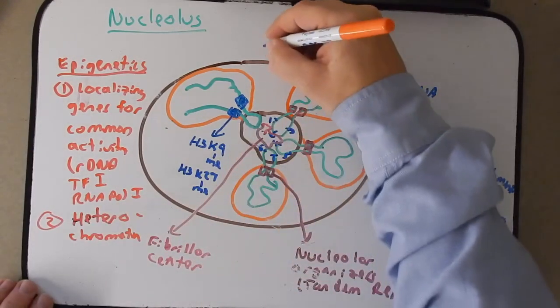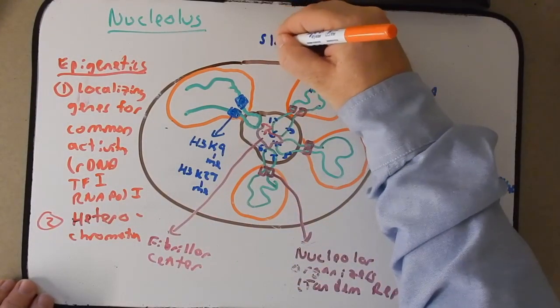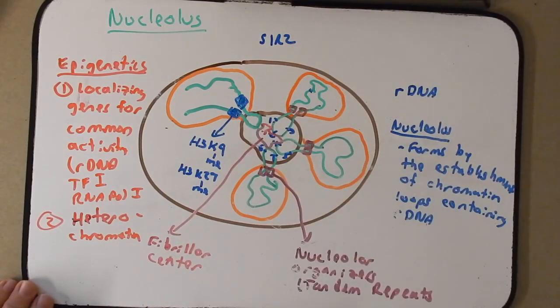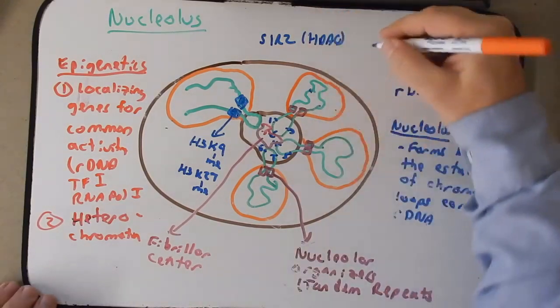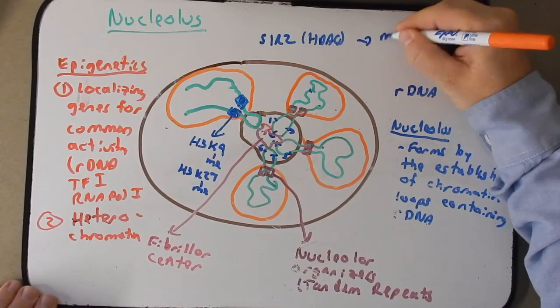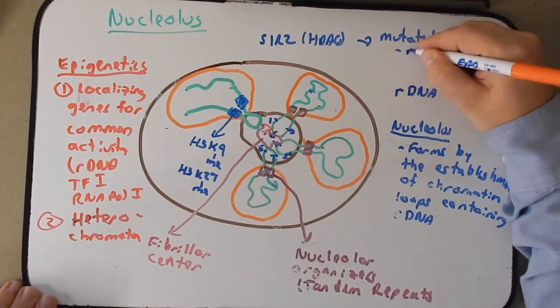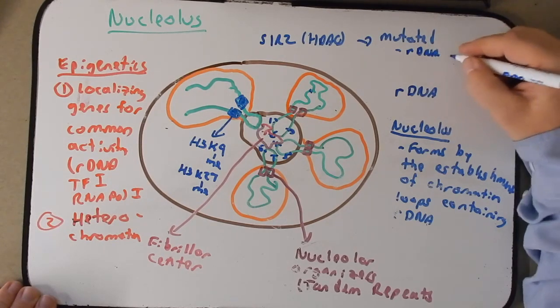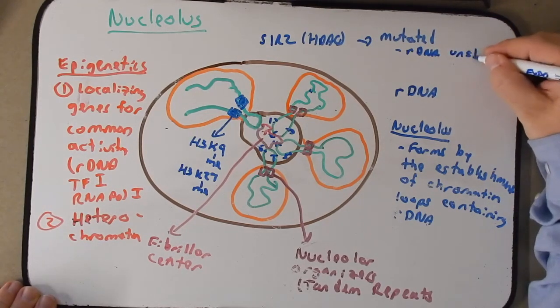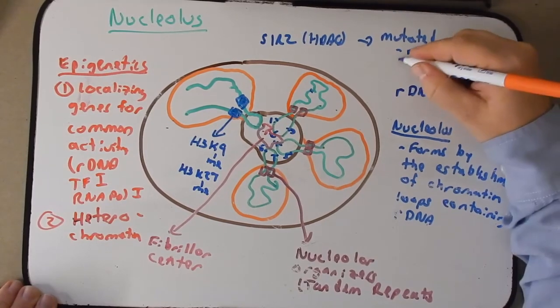To demonstrate its importance, I want to say one thing here. We've talked before about this complex called SIR2. To remind you, it's a histone deacetylase. When this is mutated, we see these ribosomal DNA, where the genes are for ribosomal RNAs, are unstable. They're not transcribed as you would predict.